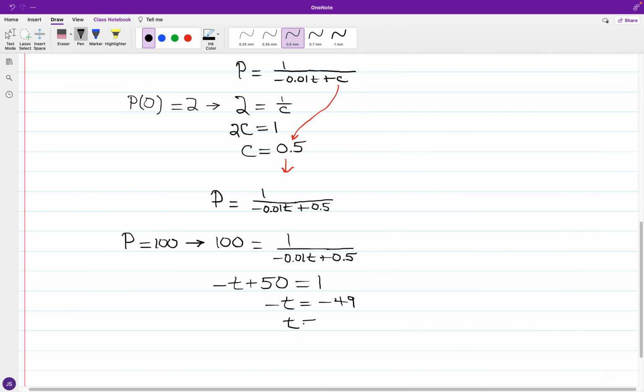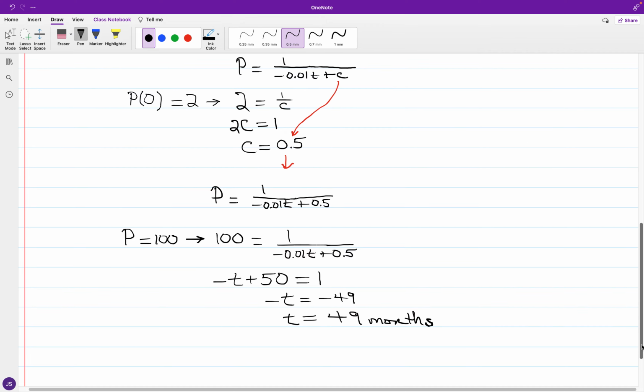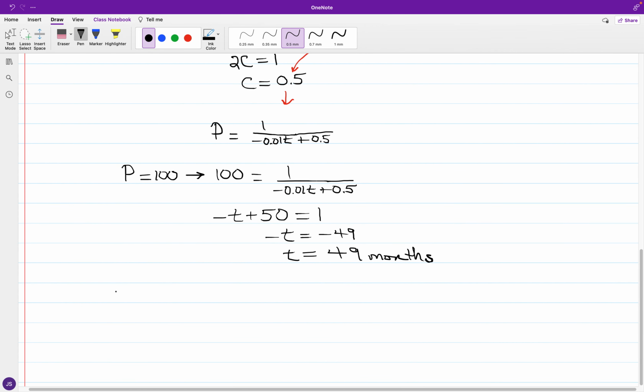Writing in terms of positive t, t is equal to 49. In this case, we have 49 months. So it's going to take about 4 years and 1 month for the population to increase from 2 rodents to 100 rodents.